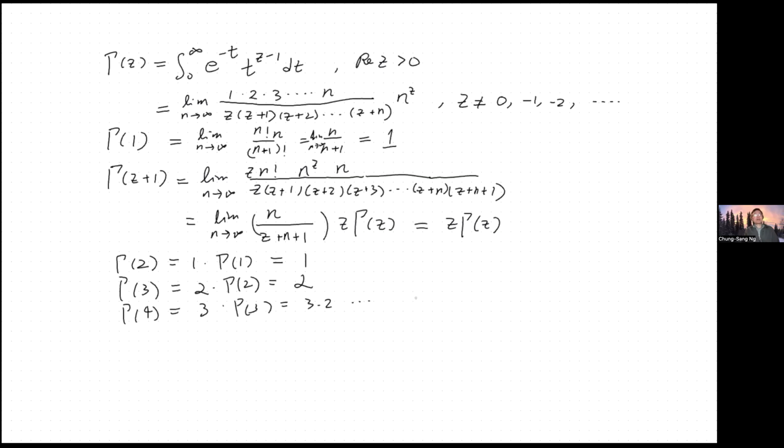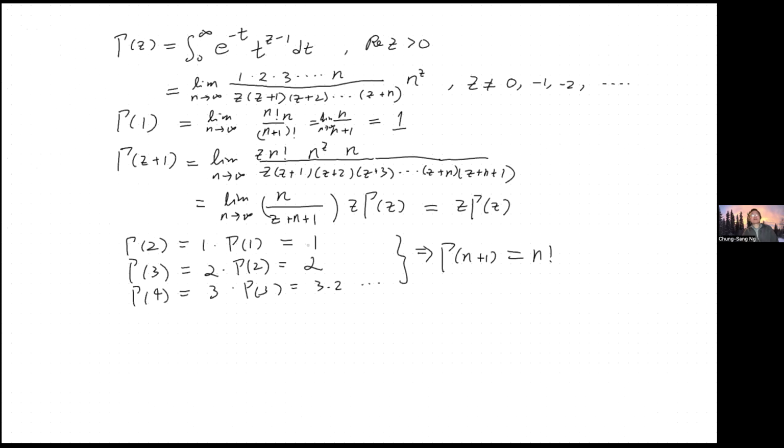So altogether, that implies the next property. For all integers, gamma of n plus 1 is just the usual n factorial. Okay, so that is useful, and because of that, some people use the factorial notation as the notation for the gamma function.